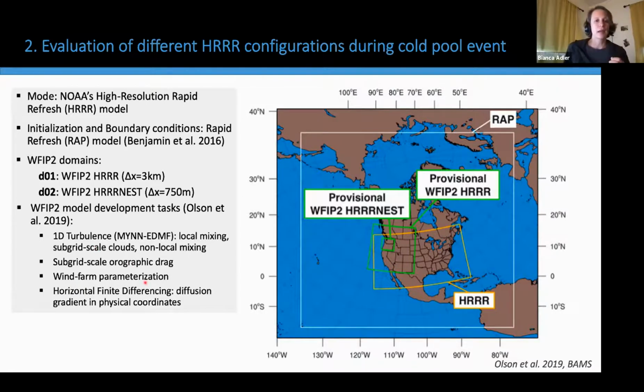And then several bug fixes and modifications now allow that horizontal diffusion in the model is computed on Cartesian coordinates instead of model coordinates. And this strongly improves the maintenance of the cold pools by no longer mixing vertically when the model vertical coordinates follow the steep terrain.